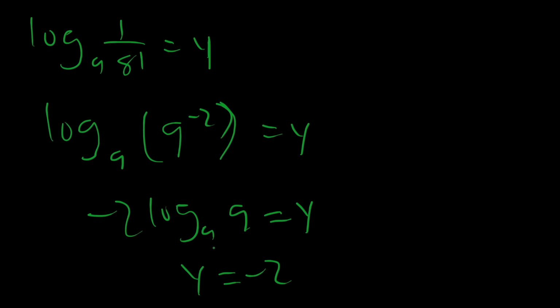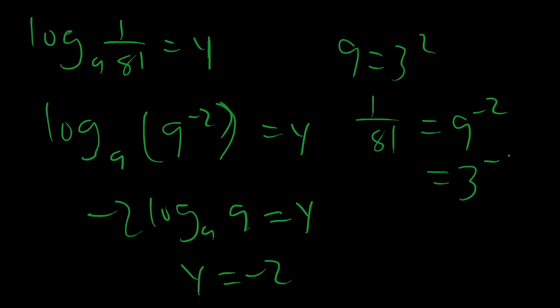So there are different ways of solving this problem. 9 is equal to 3 squared. 1 over 81 is equal to 9 to the power of -2, which is equal to 3 to the power of -4. You can also solve the problem by moving 2 to the front, -4 to the front, and you will also get a value of -2. Right? So there are different ways of solving one logarithm problem.